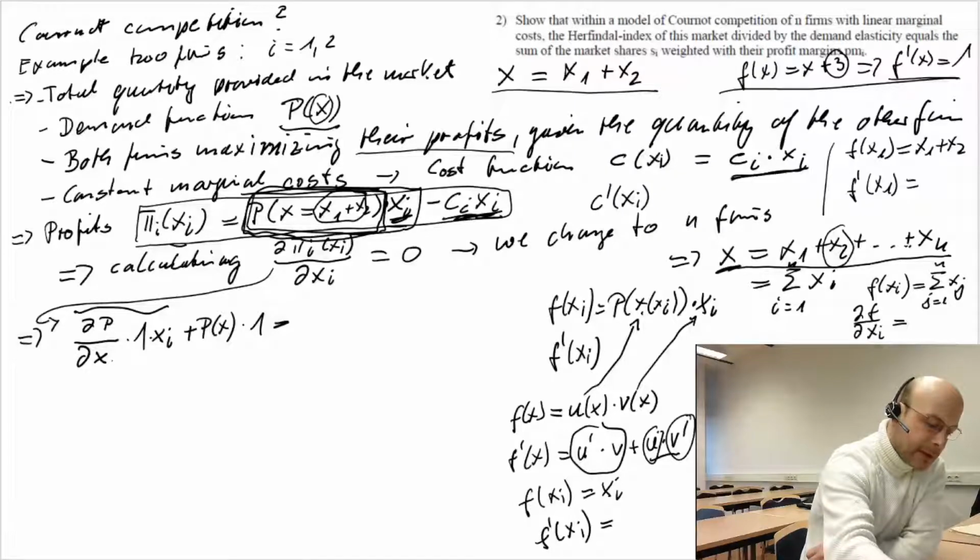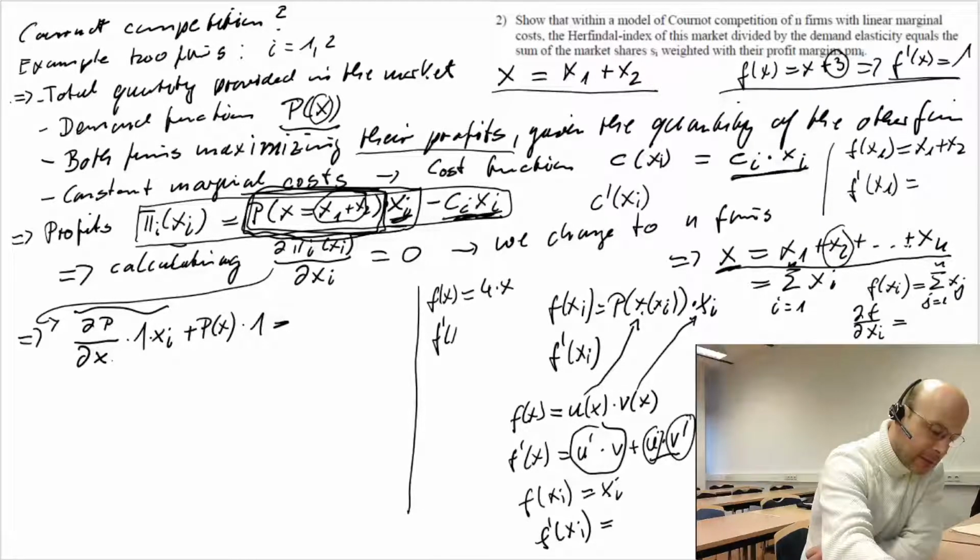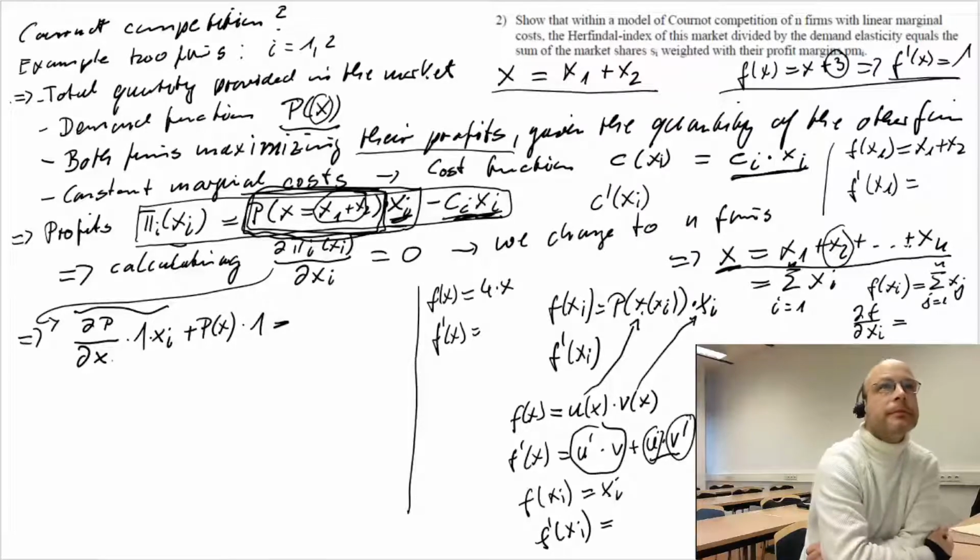So this is something like f of x equals 4 times x. What is f prime of x? Since we should have constant marginal costs. 4, great.